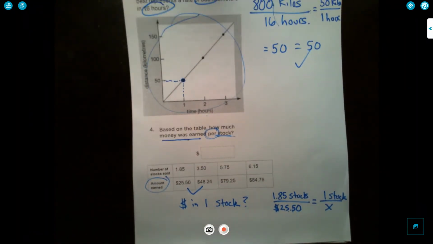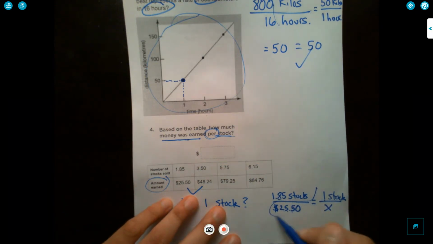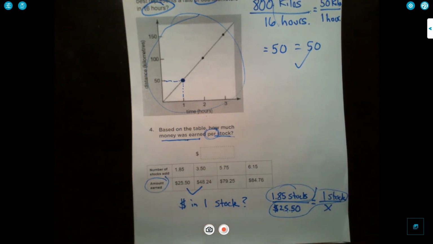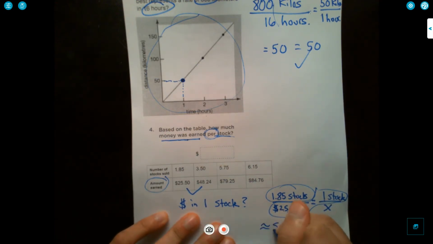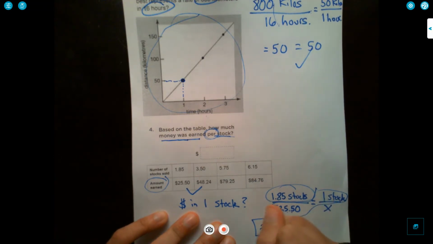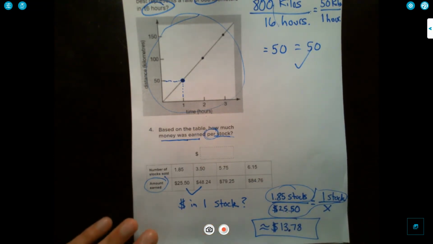I'm going to put that in the calculator. 25.50 times 1 is itself. This is that baseball bat and ball method. So 25.50 divided by 1.85, and we get roughly $13.78.